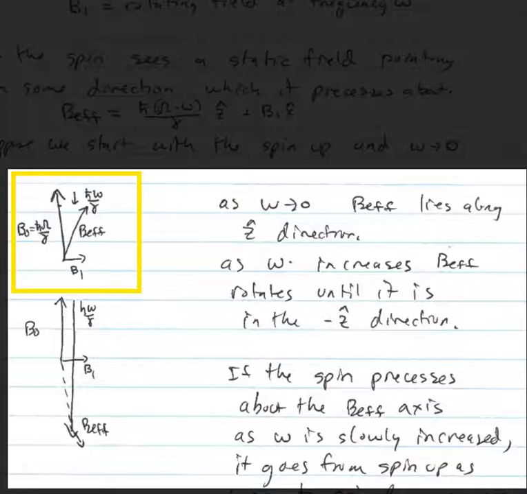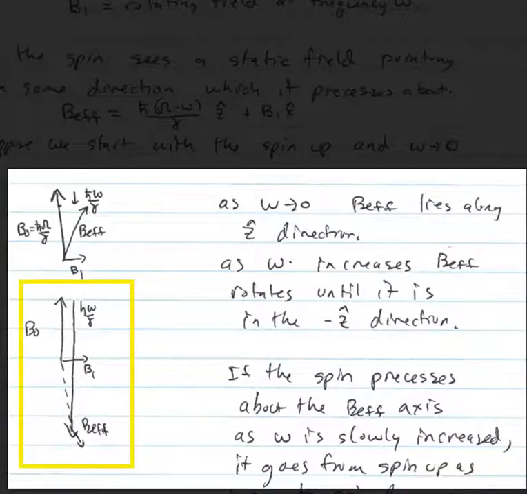And if we look at the ground state of that system, that will have a spin up that lies along the z direction. Now if we imagine increasing omega until it becomes plus infinity, what we now have is the magnetic field pointing in the minus z direction. And now the ground state will be a spin oriented in the minus z direction, or a spin down.